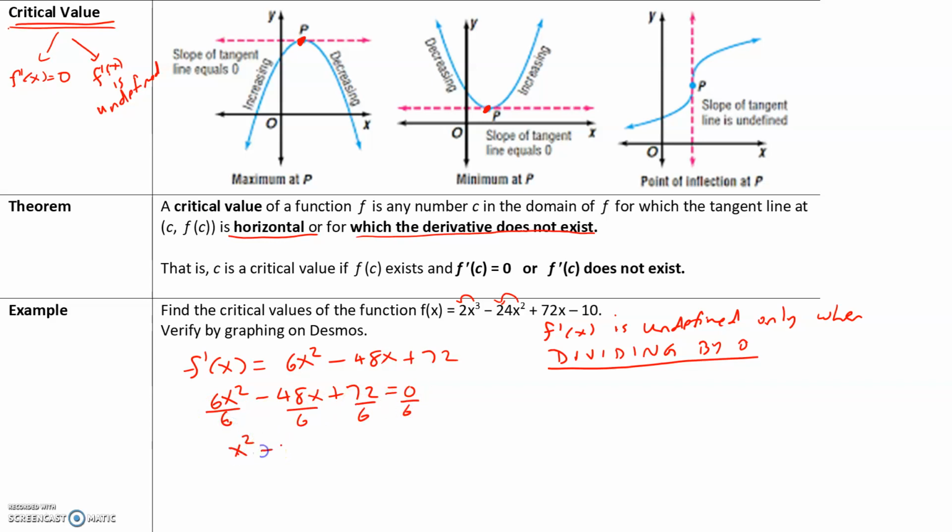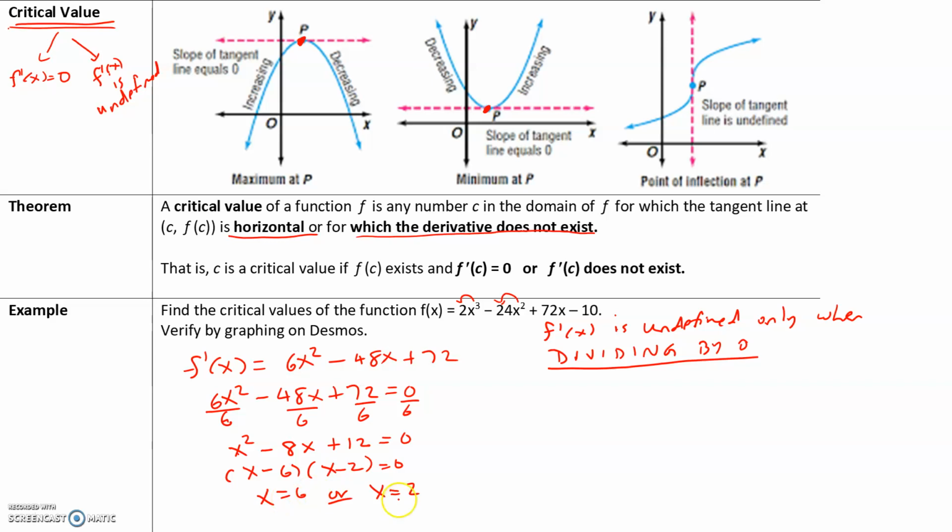This gives us x squared minus 8x plus 12 equals 0. If we factor this, we get x minus 6 times x minus 2 equals 0, which means x equals 6 or x equals 2. So our critical values are x equals 6 or x equals 2.